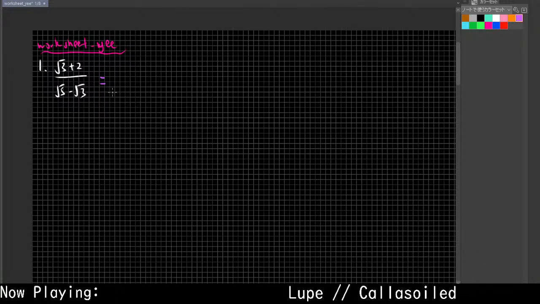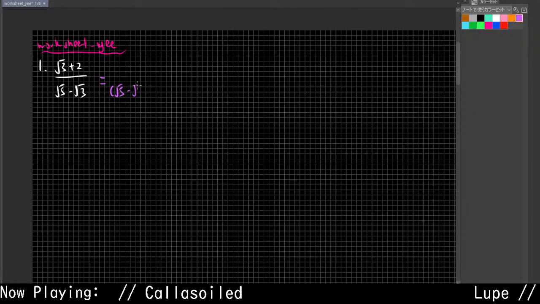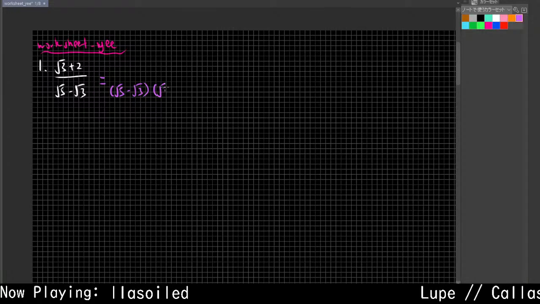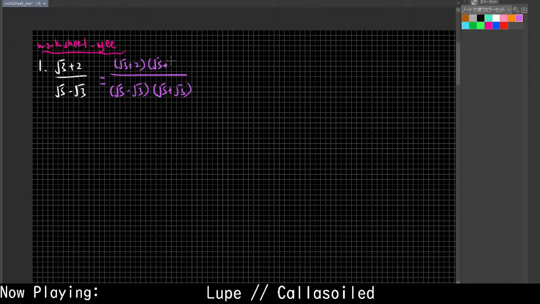So you change the minus in the middle to a plus; if it's a plus in the middle, you change it to minus. So I will be getting bracket square root 5 minus square root 3 like this. Since it's a fraction, whatever you multiply at the bottom, you need to multiply at the top as well. That's why we have this over here.